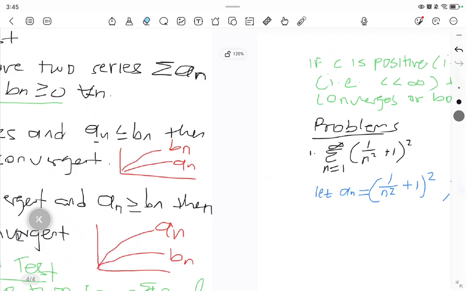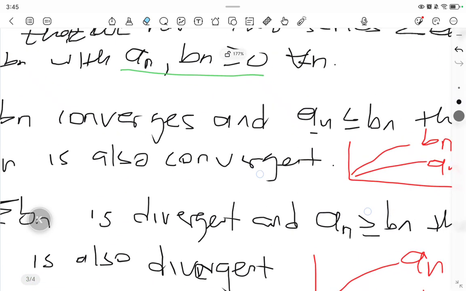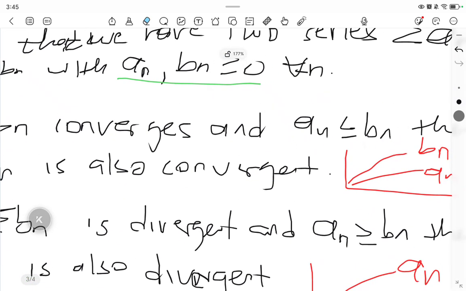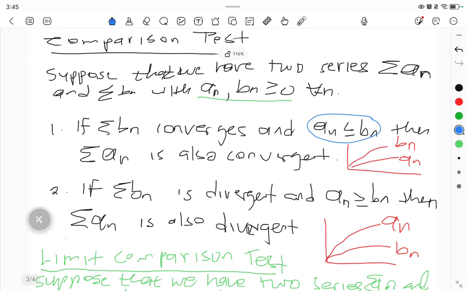First, this is the comparison test, don't forget. I check this condition first, so that I can know, should I focus on the convergence or divergence? You see, right? If an is bigger than bn, I'll try to focus on the divergence.